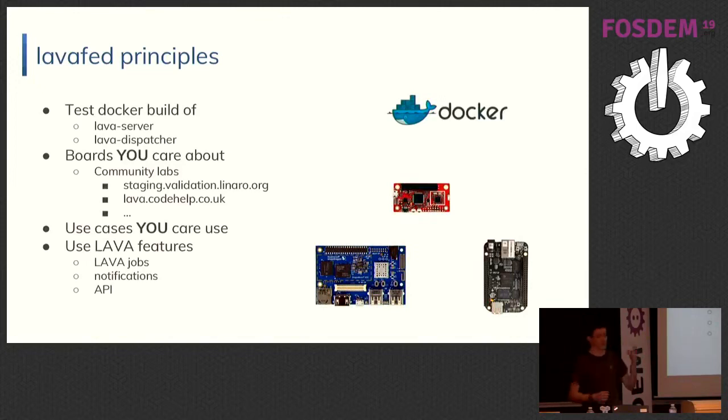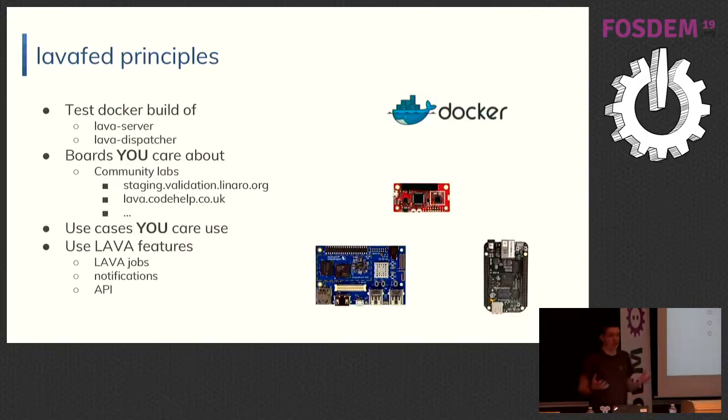And I want to prove that these containers are working correctly on the boards that the community cares about. I'm already testing on the boards that my employer cares about. For the same reason, I want the use cases you care about, because my use cases are already tested. And I want LavaFed to be almost only about jobs.